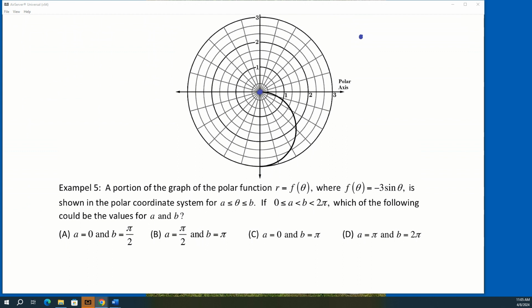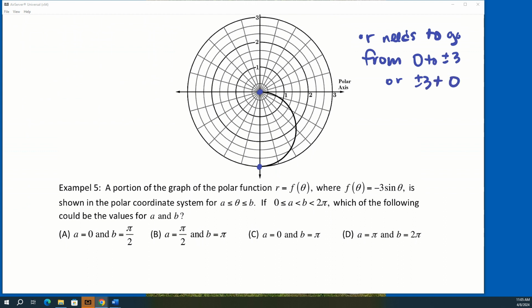I don't really know what order this graph was graphed, but I know my smallest r is either 0 or -3, and then my biggest is the other one. So I know that r needs to go from either 0 to -3 or -3 to 0.